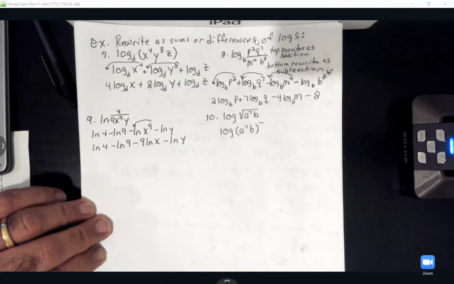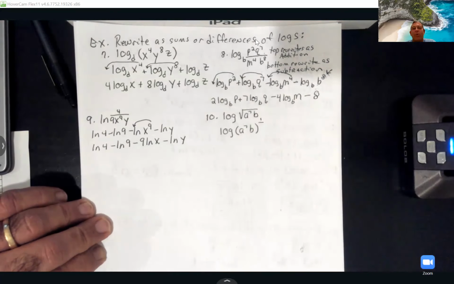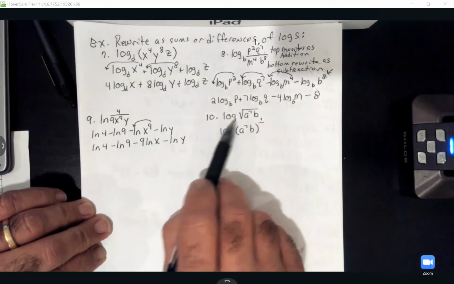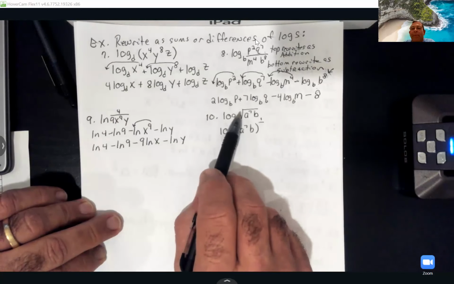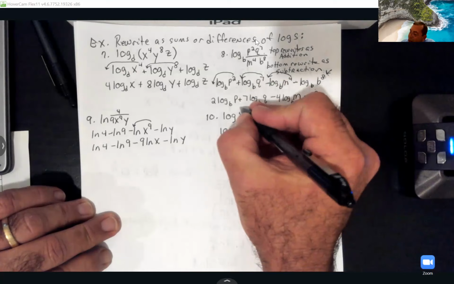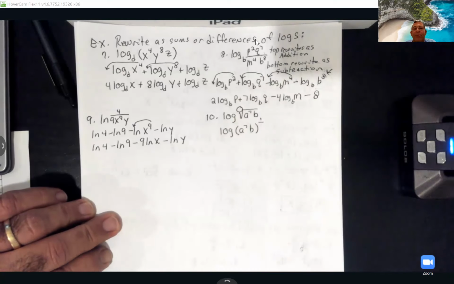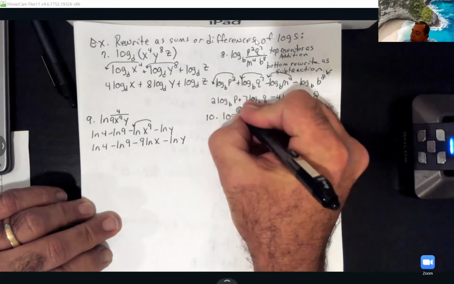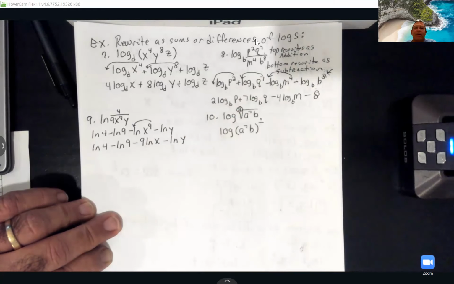A 1. So a 1 on top. What's going on the bottom? The 7? No, 10. So think about this. When there's not a number here on this radical, we automatically assume that that's a 2.